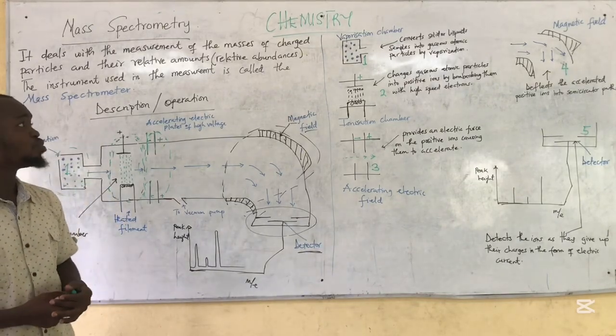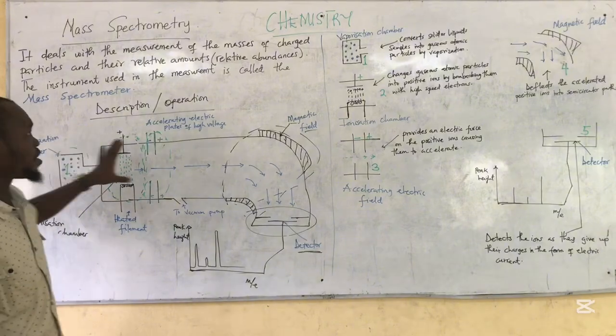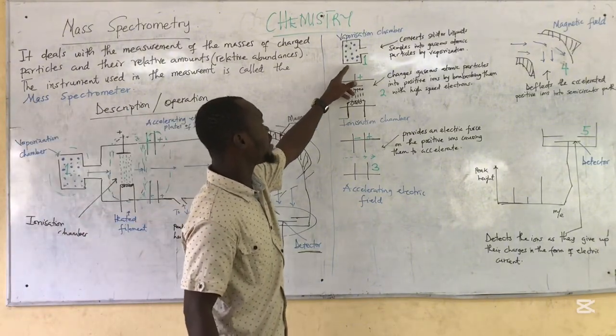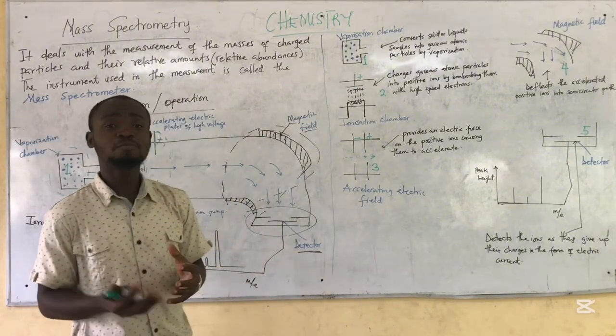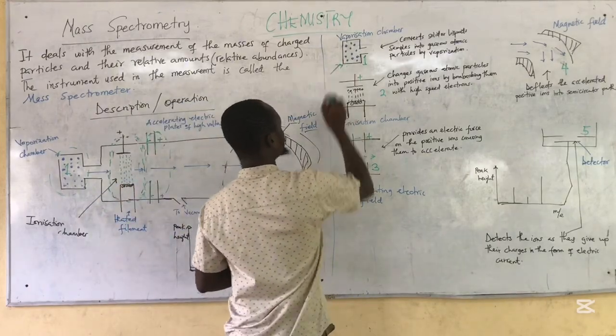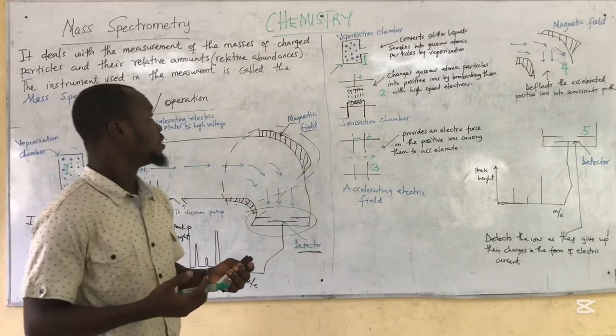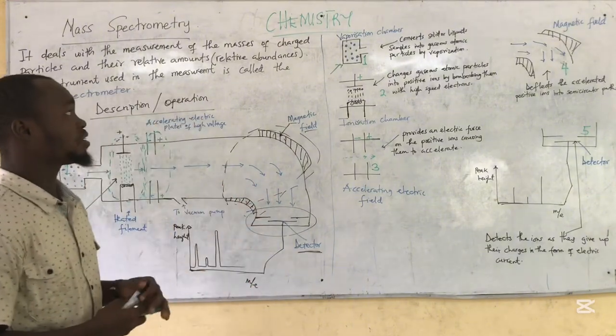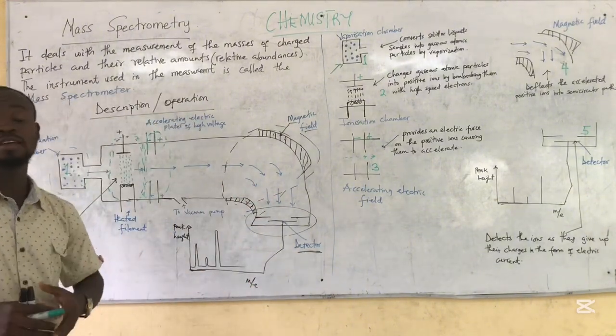Now, the first essential feature is the vaporization chamber. Over here, the sample that is to be analyzed is placed in the vaporization chamber and then it is heated. Once it heats, it converts the solid or liquid sample into gaseous atomic particles.